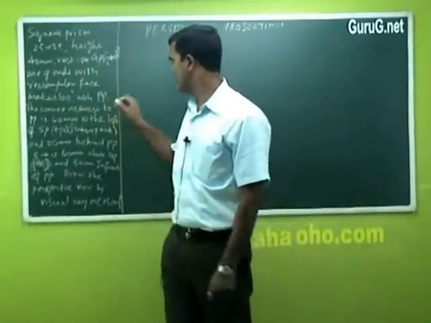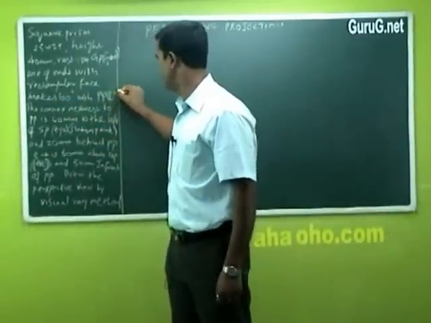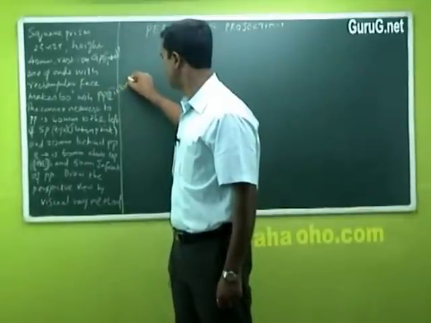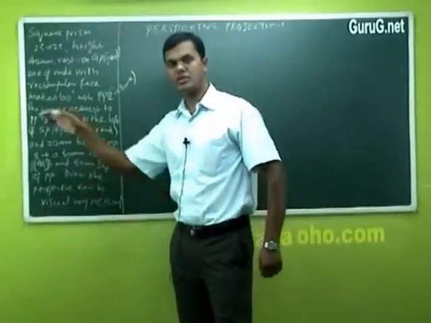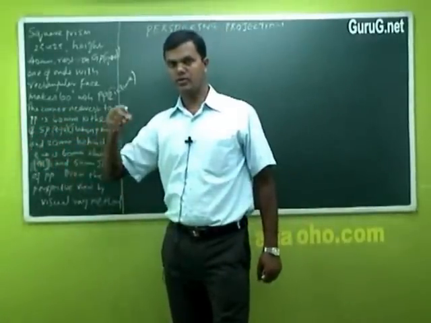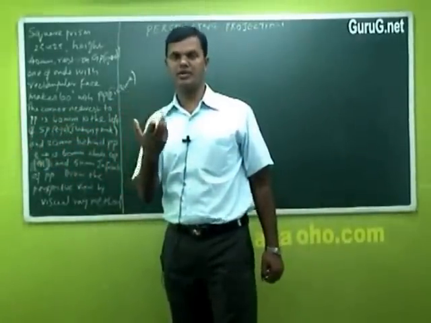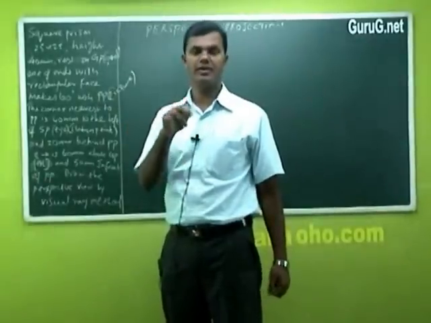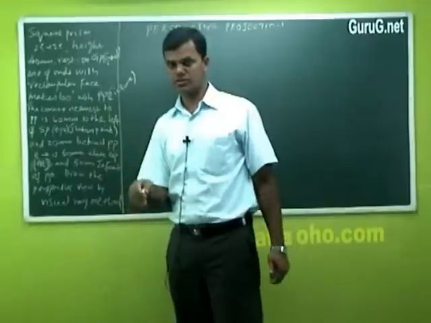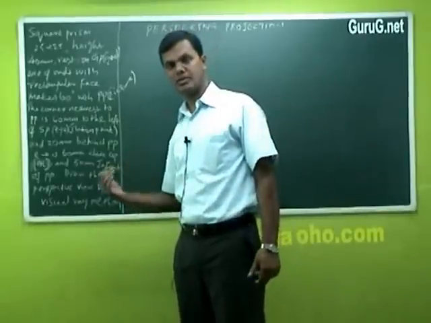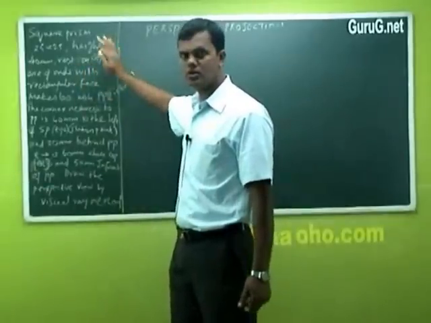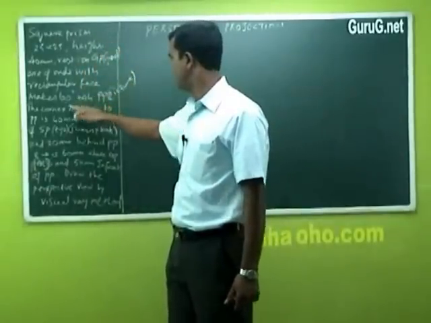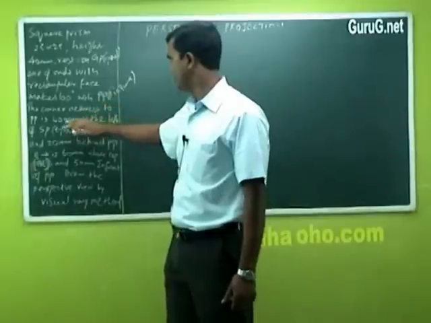PP is picture plane. Now why I need not write this, because you will have to remember those elements which I taught you before. When you see PP, you should identify it as picture plane. You need not write it in full in the drawing sheet also. Just write PP or GP or GL, like that.